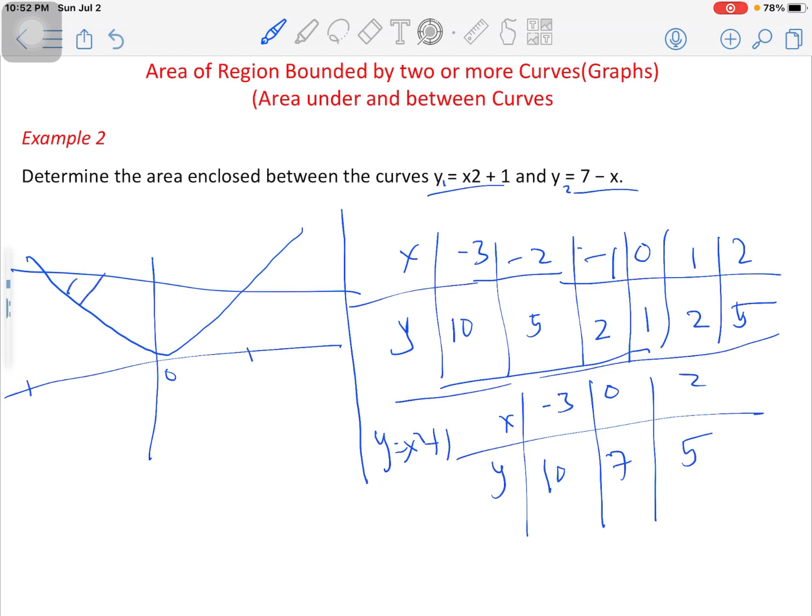Based on this, you'll be able to know the area that has been shaded or enclosed, and the limits are supposed to be negative 3 and 2. From there, you'll be able to calculate your definite integral or whatever they are asking you.